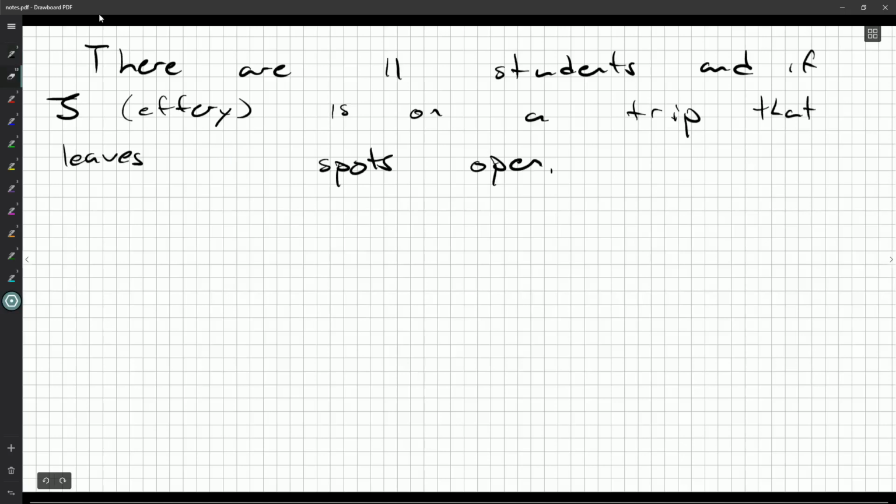Now, to divide 11 people into groups of 5, you'd say something like 11 over 5 is 2 1/5, or I guess 2.2.